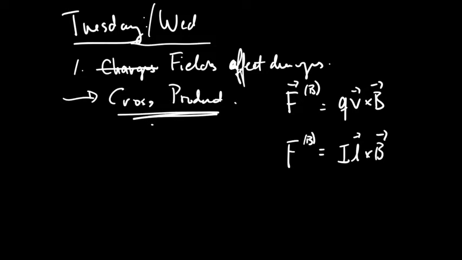The magnetic field will always be given. It'll be, hey, we have a magnet, or we have some external magnetic field. Never mind how it was created. And that's where we're going to start, by thinking about how these magnetic fields affect the motion of charged particles.